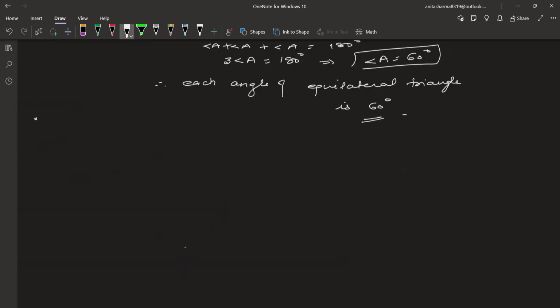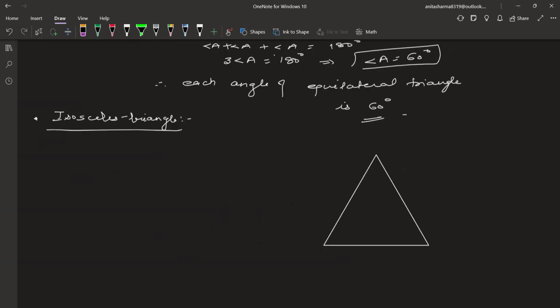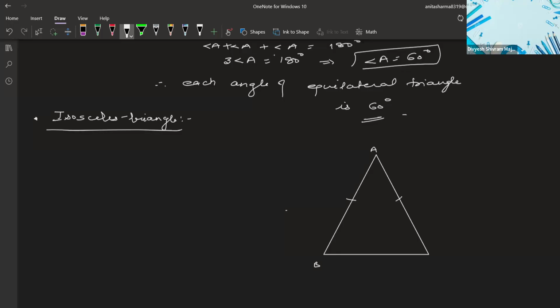Now the next triangle is isosceles. Ma'am, an isosceles triangle is a triangle whose two sides are equal. Yes, two sides, beta. Means these two sides, right?